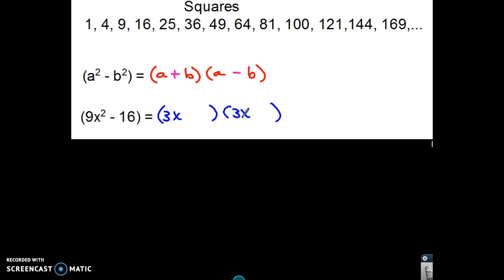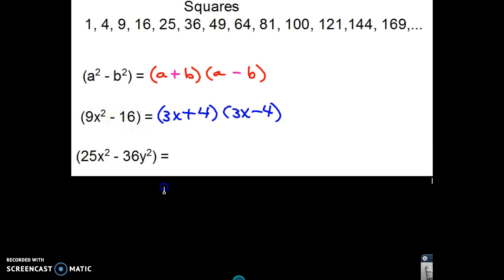That's the first term. And the square root of 16 would be a 4 and a 4. And simply make one a plus and one a minus. When you FOIL this back together, the outsides and insides drop out, so we do get back to our question, our difference of two squares.